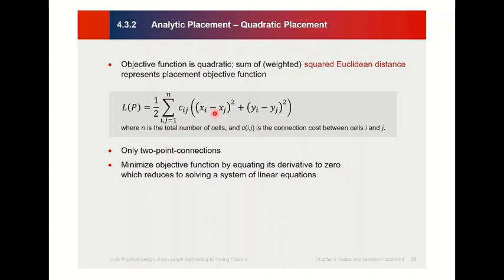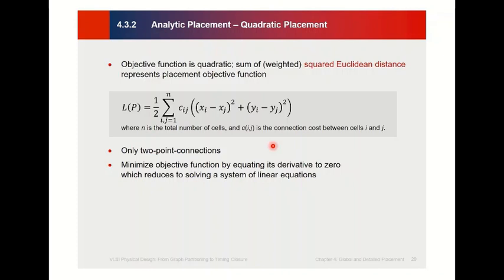So measure the distance between cell 1 to cell 2, cell 1 to cell 3, cell 1 to cell 4, which is given by this equation, and then cell 2 to cell 3, cell 2 to cell 4, total them together, and then the distance between cell 3 and cell 4.